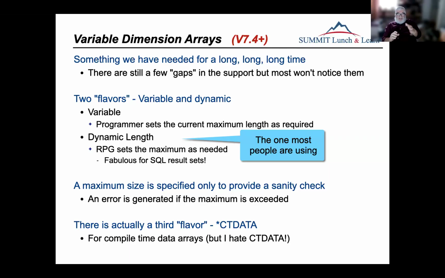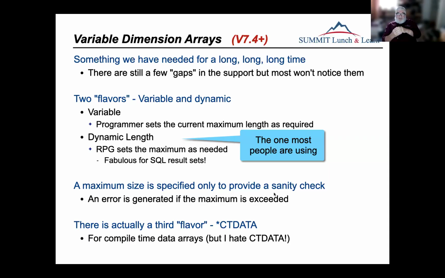As I say on the chart here, it's fabulous for SQL result sets. You basically just point SQL at a dynamic array and it fills it up, and you'll see an example later of how easy this is. You also have to specify a maximum size, but this is basically only for sanity checking.